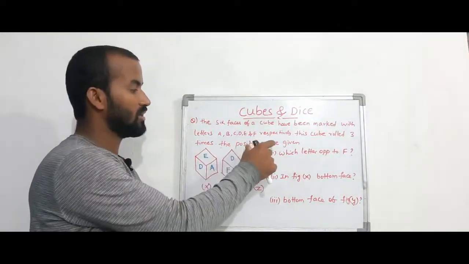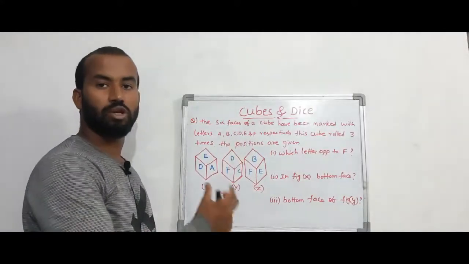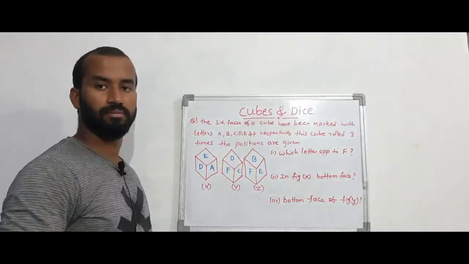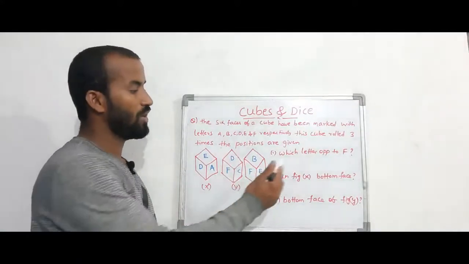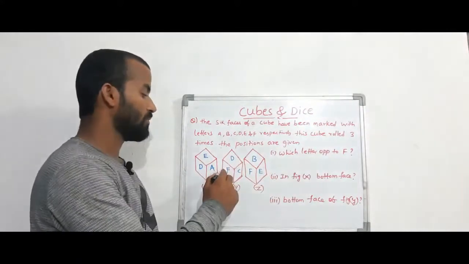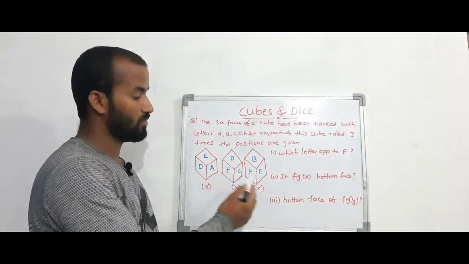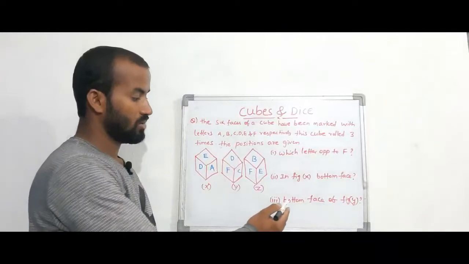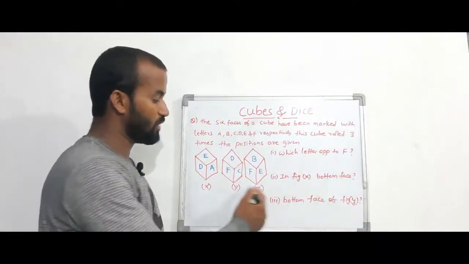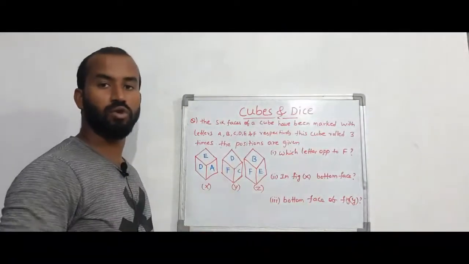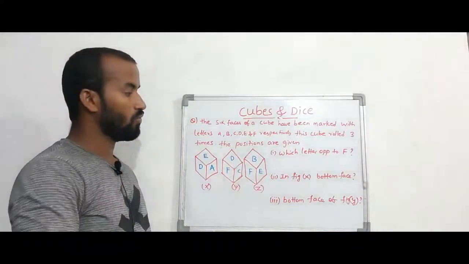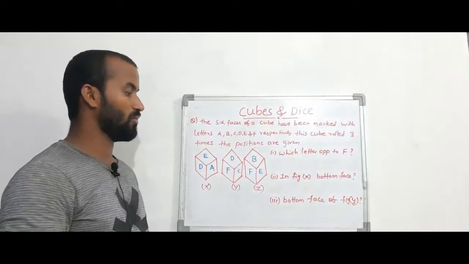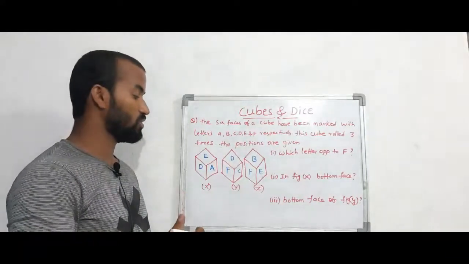Then when rolled 3 times, there are going to be 3 positions or 3 views, right? The 3 views are also given. Now we have to find which letter is opposite to face F. In figure X, what is the bottom face? In figure Y, what is the bottom face? These 3 questions we are going to find. Now, first question. Which letter is opposite to F?